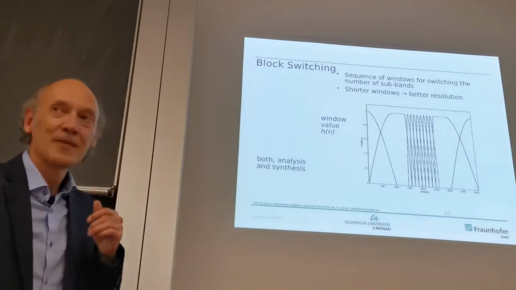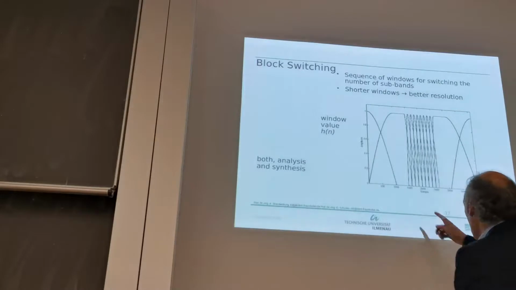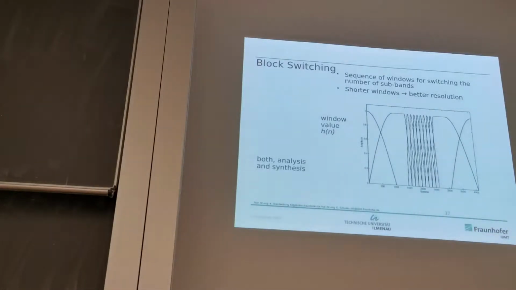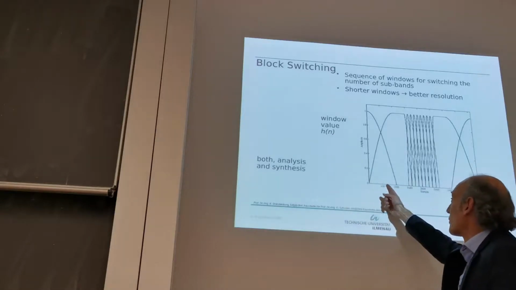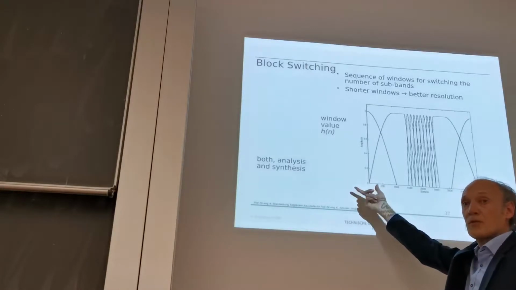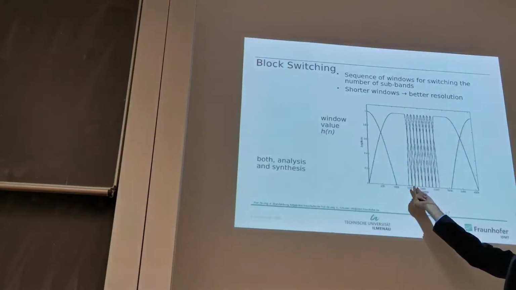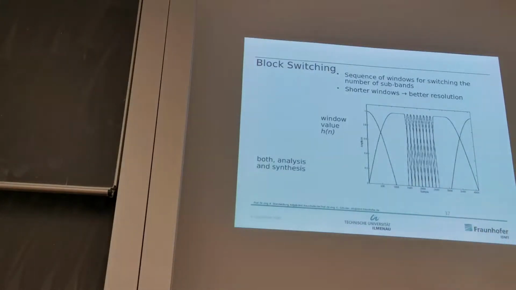So in the middle here, where we have a higher frequency of changing, we change from 1024 subbands to, for example, 128. So we change the sampling rate. Yes, exactly. Here you have 1024 subbands. For each block of input of 1024 samples, you get 1024 subband samples. Here, for each block of 128 samples, you get 128 subband samples.